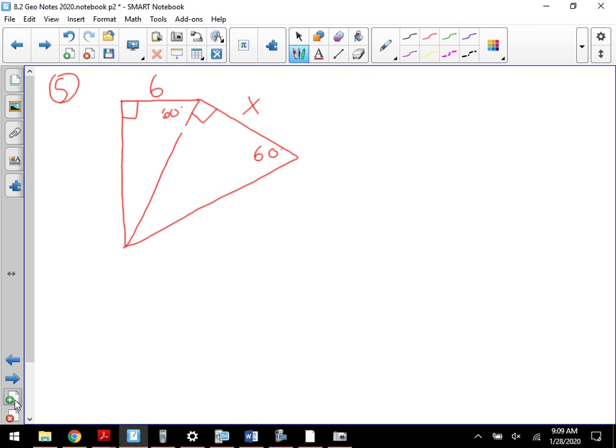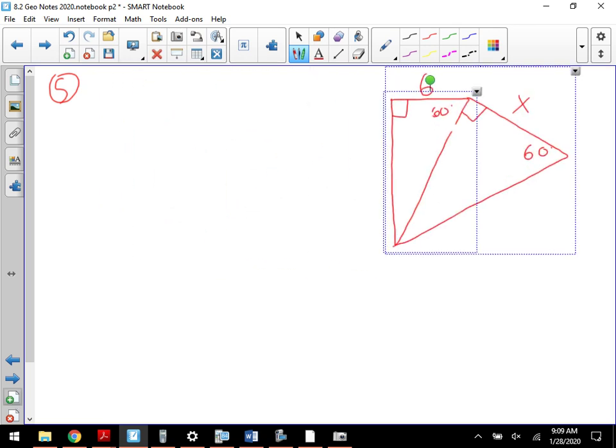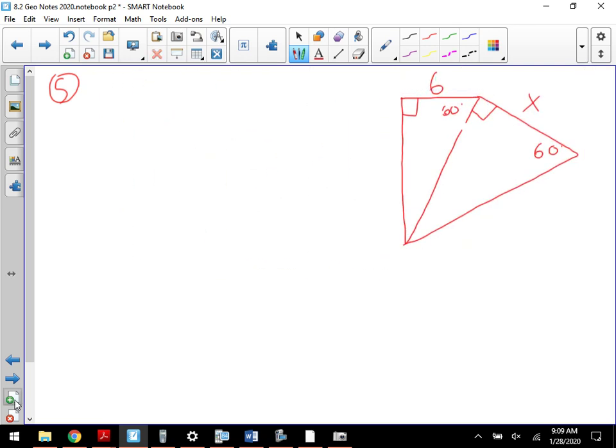All right. So again, in this case here, ladies and gentlemen, we know we've got 30, 60, 90 triangles. We actually have 2 of them because there's 2 60s. So we use them to go through. So we write out our sides to start with. 30, 60, 90.